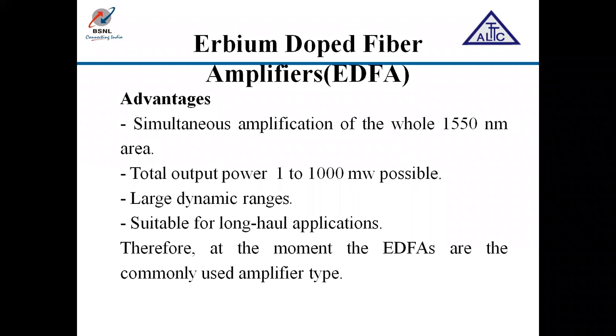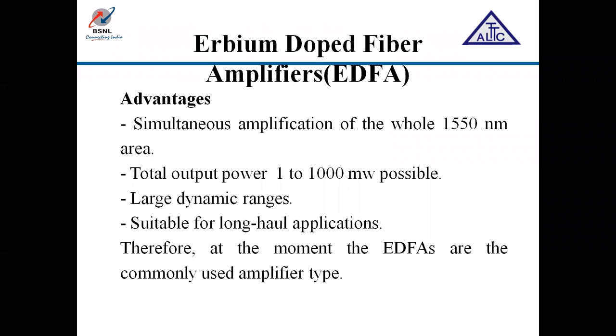Now, what are the advantages of EDFA? Simultaneous amplification of the whole 1550 nanometer area which is being used in DWDM system. Total output power of this EDFA is possibly 1 to 1000 microwatts. Large dynamic range, suitable for long haul applications.